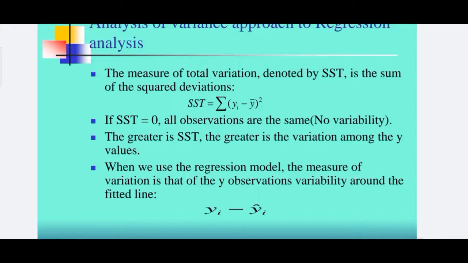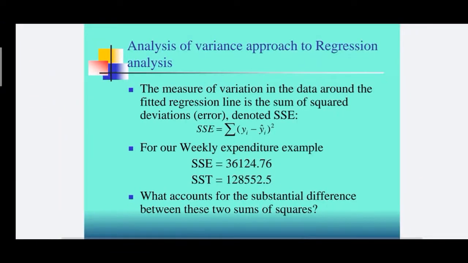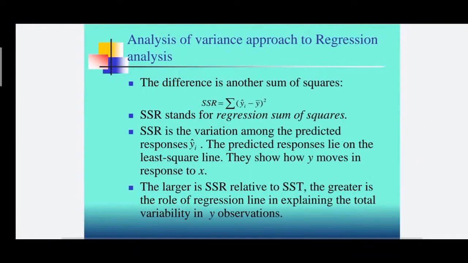When we use the regression model, the measure of the variation is the observation variability around the fitted line, which is the y hat. Okay, so from the illustration just now, the measure of the variation in the data around the fitted regression line is the value of SSE, which is the summation of yi minus y hat squared. Or that is the deviation of error.